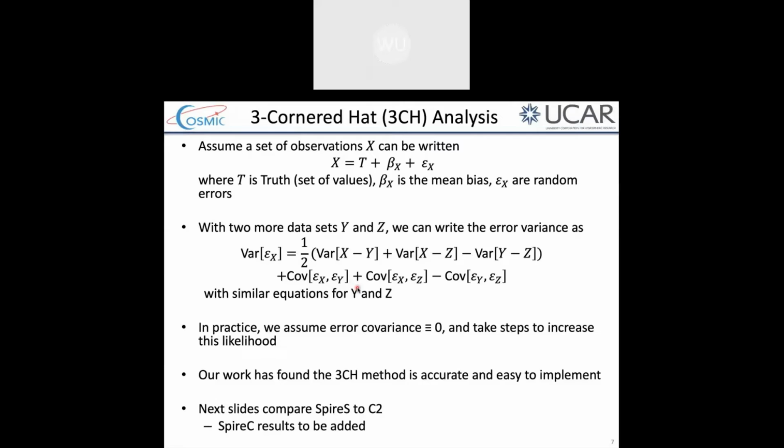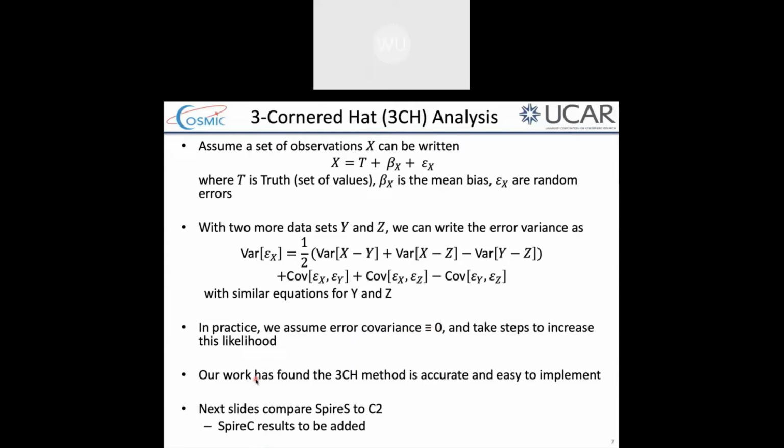If the correlation between the data sets is 0 or nearly 0, then this should be a very good measure of the real random error for each of the data sets that you're combining. That is assumed here in this analysis. There are papers out there that talk about this in more detail. We believe that's basically true in these cases, and it's a nice way to estimate errors.